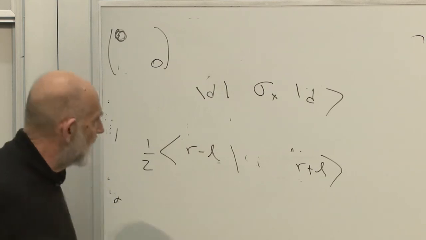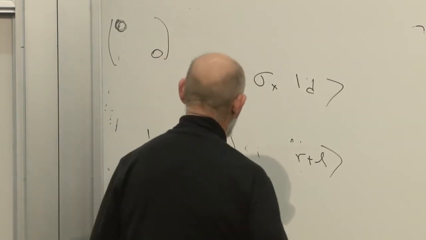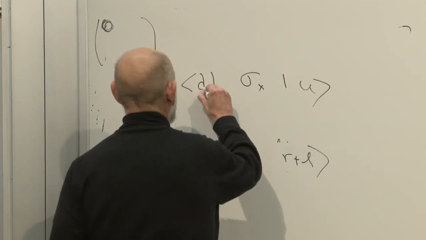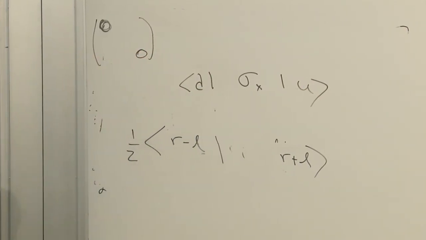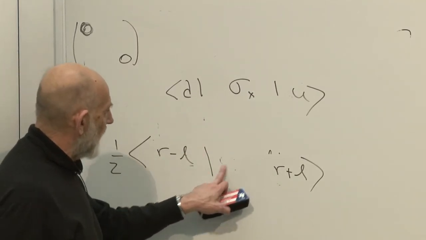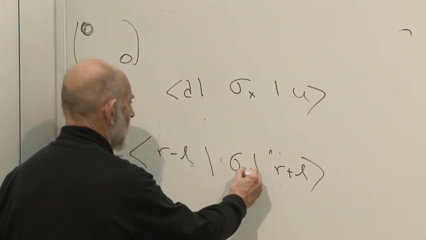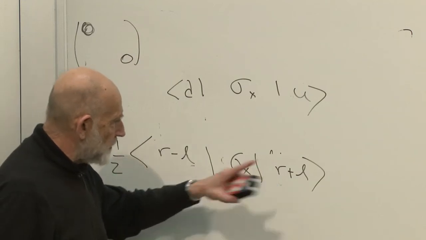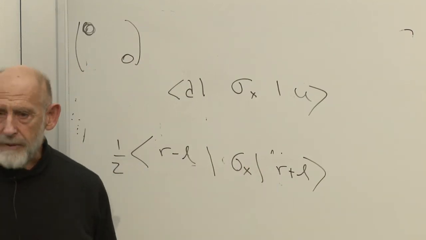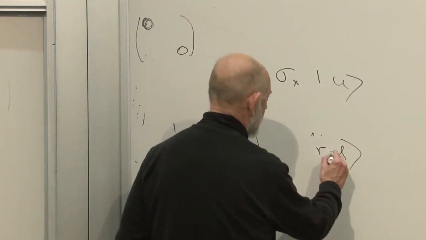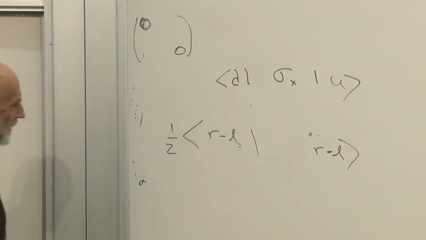So let's try up, down. Let's put up, down there. Up will be right plus left, we'll have sigma x, and then down is right minus left. What happens when sigma x hits right plus left? It makes right minus left. And now what's the inner product?